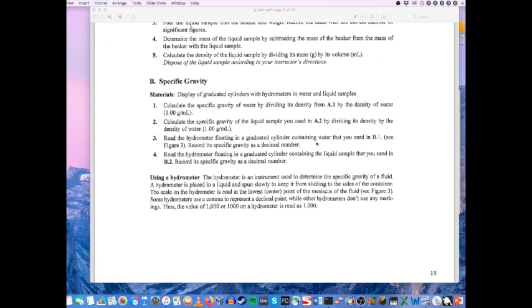However, I do have a hydrometer used specifically for brewing, and it reads alcohol percentage, which is one application of specific gravity and can be a useful tool. So I'm going to show you how a hydrometer can be used.